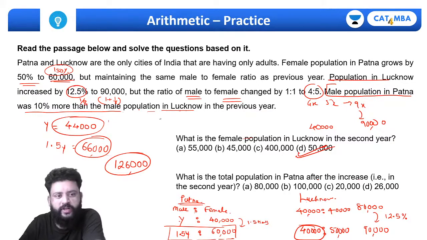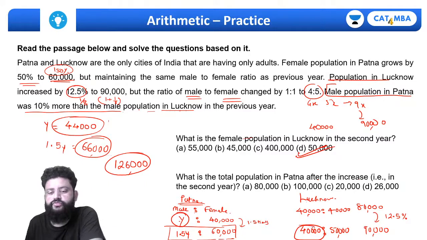Male population in Patna was 10% more than the male population in Lucknow. Just 40,000 and 44,000, that is right.